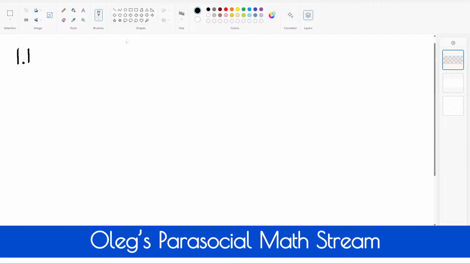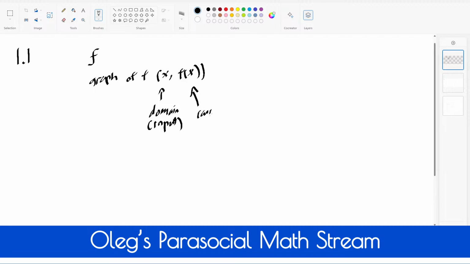Given an algebraic formula for a function f, the graph of f is a set of points x comma f of x, where x is the domain and this is the input, and then f of x is the range, which is the output. Okay?